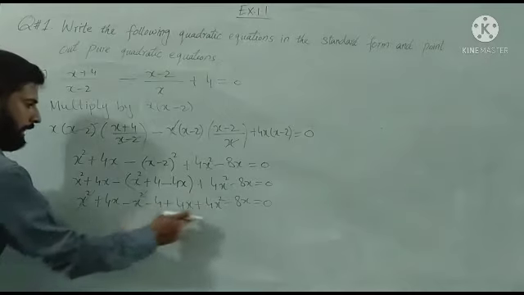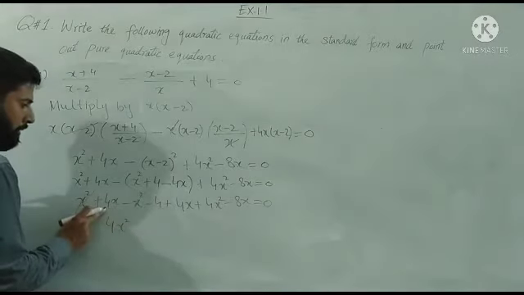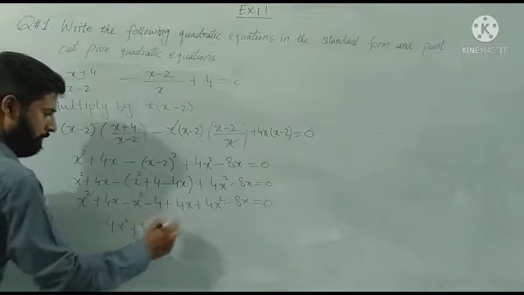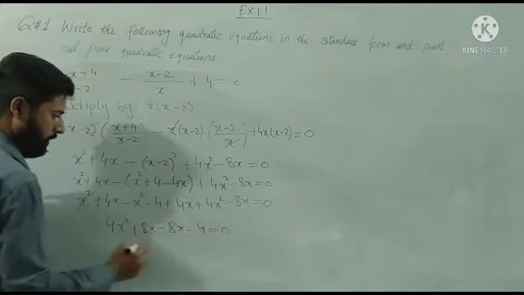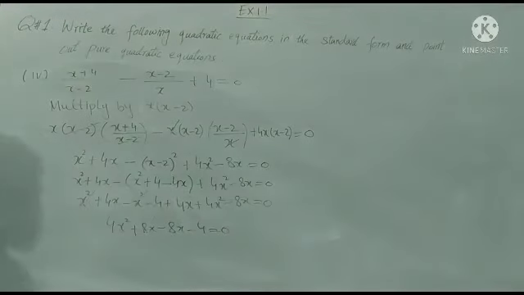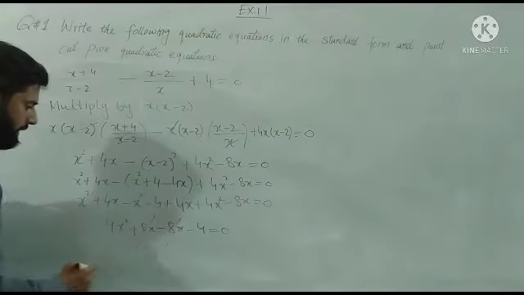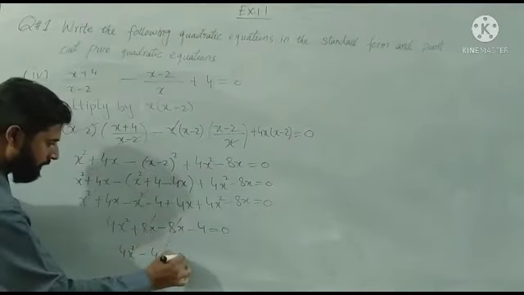Now we will find out the x square value, that is 4x square plus 4x plus 8x minus 8x, this minus 4 equal to 0. 8x will cancel with minus 8x, so 4x square minus 4 is the remaining value.